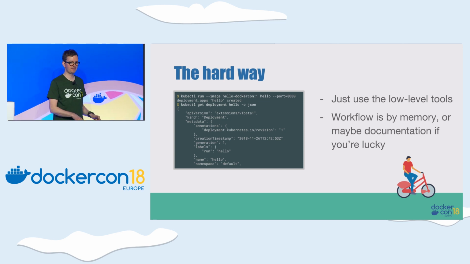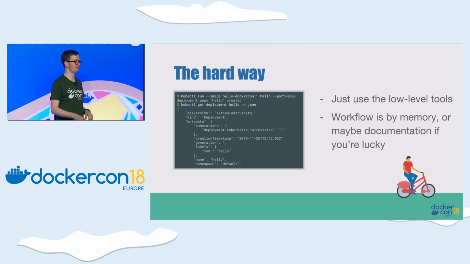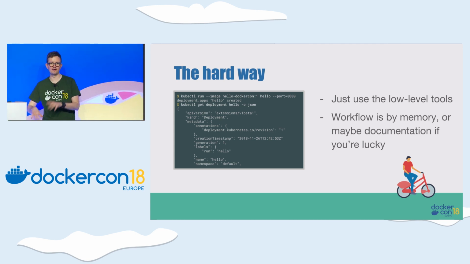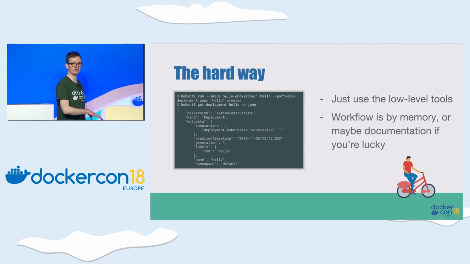from memory. Maybe someone documented the 10 different steps that you need to run things, and you invariably fail at one of them because that's a lot of typing and no one can remember them. And ultimately, this way tends to lead to subtle and then invariably not subtle variations in individual workflow.